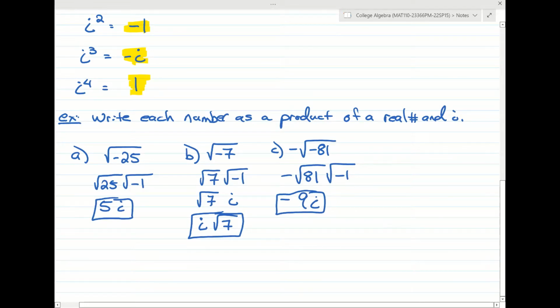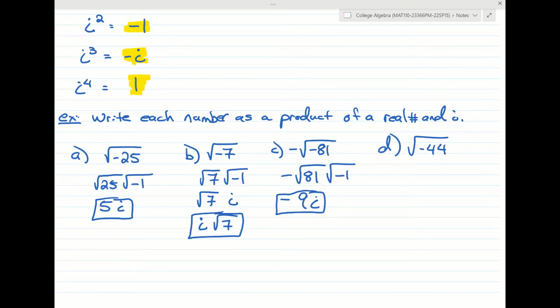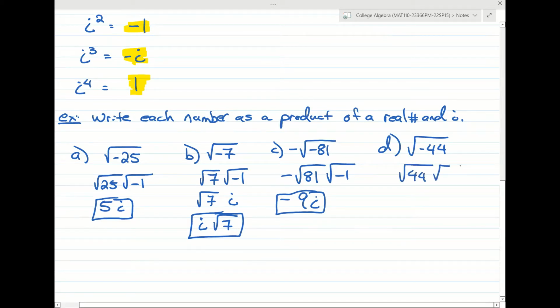The last type of problem like this would be if you had the square root of -44. This is the same thing as the square root of 44 times the square root of -1. We talked about how to do the square root of 44 before. I showed you a couple different ways.